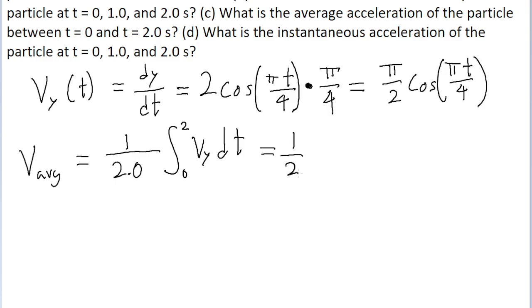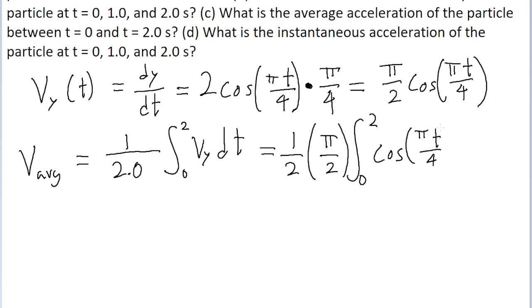So it's 1 over 2 multiplied by pi over 2, multiplied by the integral from 0 to 2 of the cosine of pi t over 4, all with respect to t.